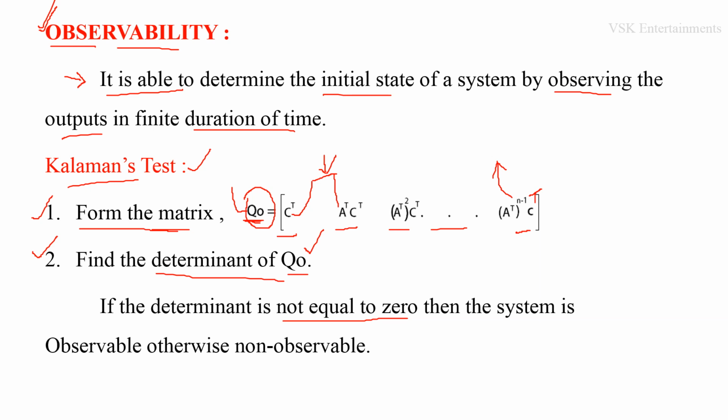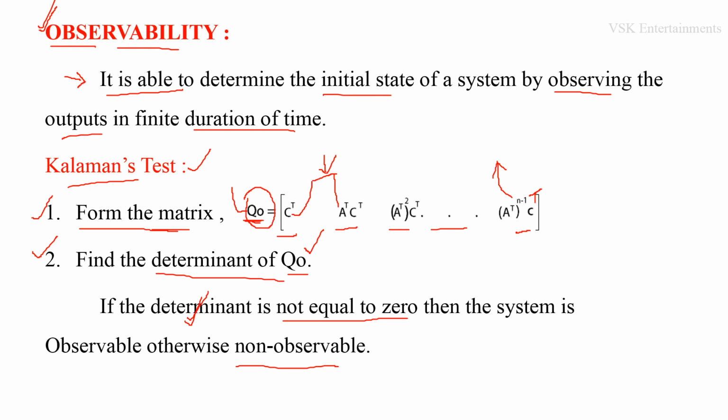Otherwise, if the determinant is 0, we conclude that the given system is non-observable. These are the concepts of controllability and observability, finding whether given systems are observable or non-observable, controllable or non-controllable, by using Kalman's test.